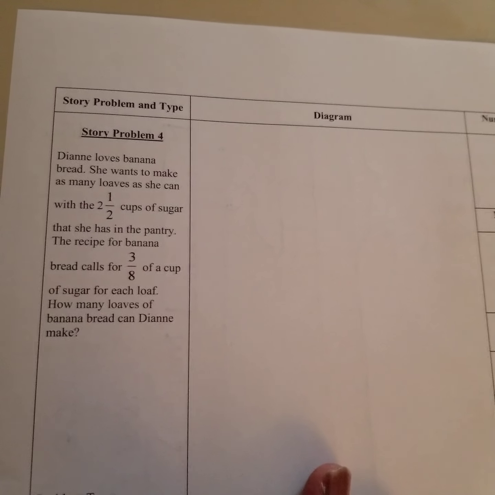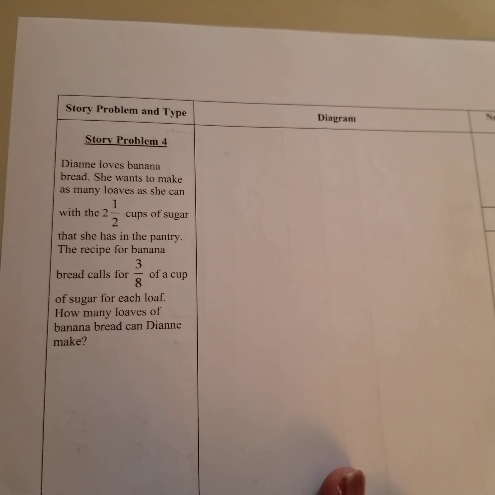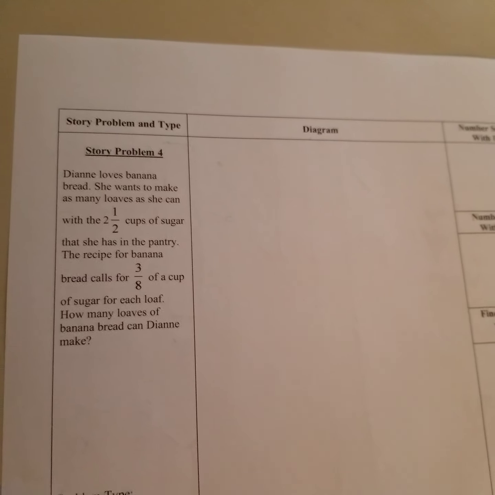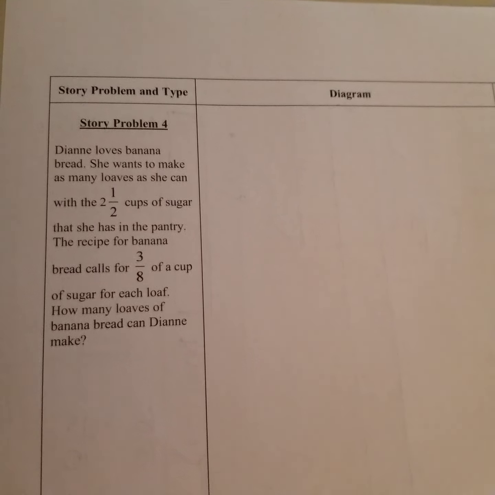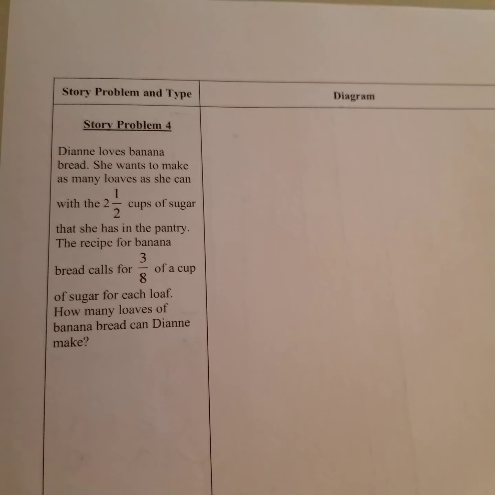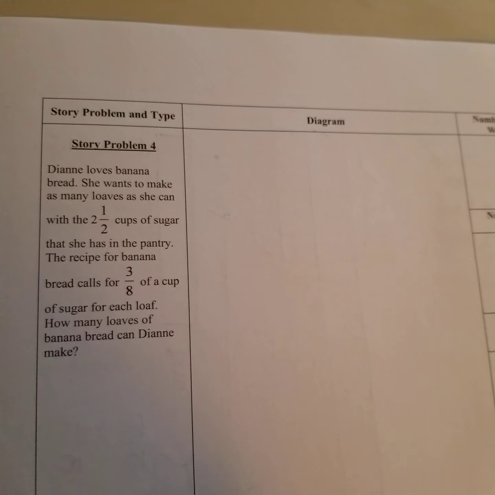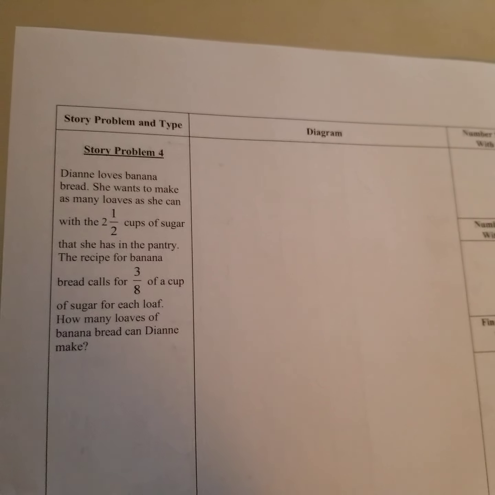Last but not least, Diane loves banana bread. She wants to make as many loaves as she can with the 2.5 cups of sugar that she has in the pantry. The recipe for banana bread calls for 3/8 cups of sugar for each loaf. How many loaves of banana bread can Diane make? So this is obviously repeated subtraction.